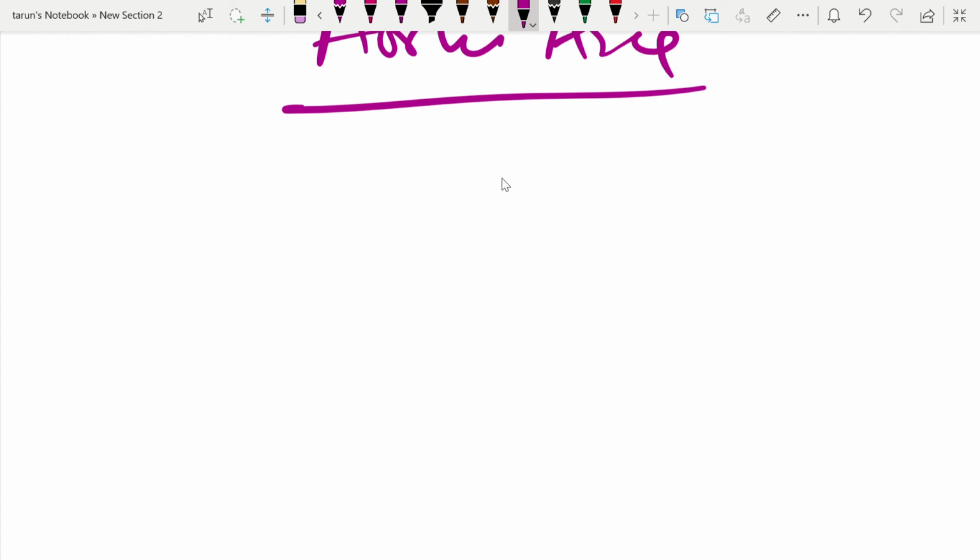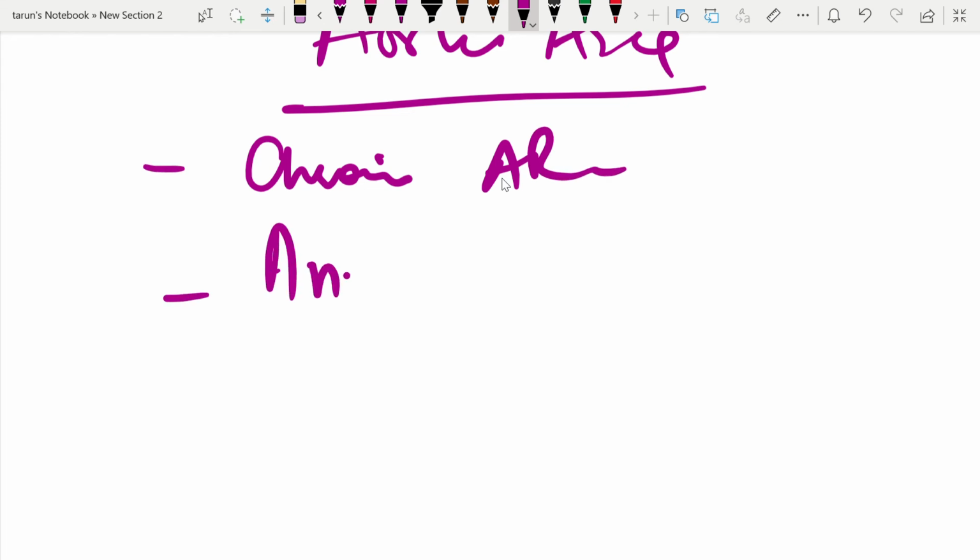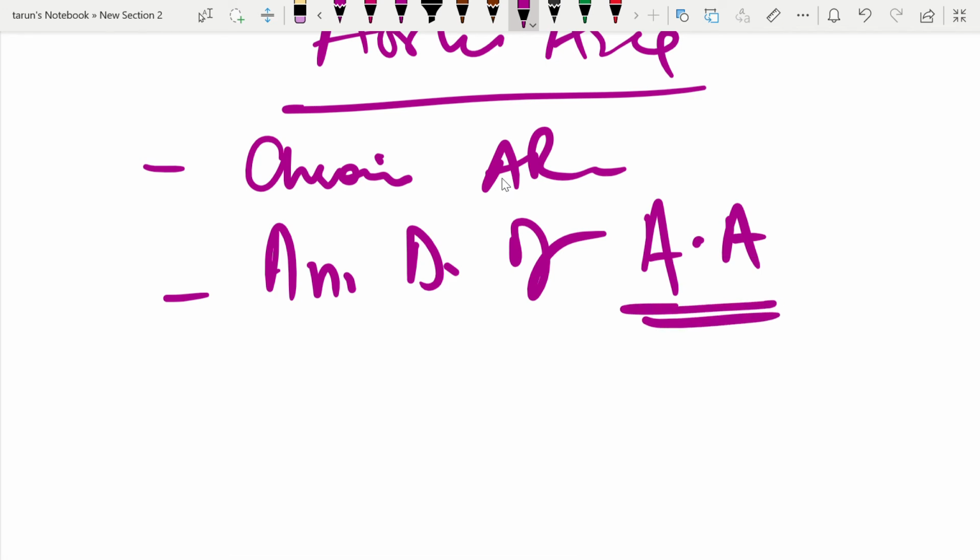Then chronic aortic regurgitation, you will get pulsations over the aortic area. So you will get the aortic pulsation.